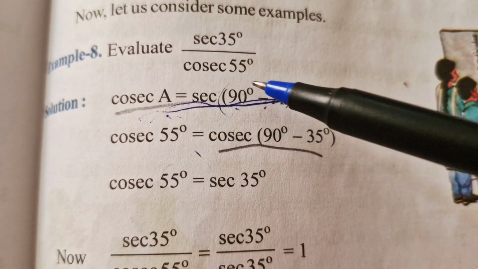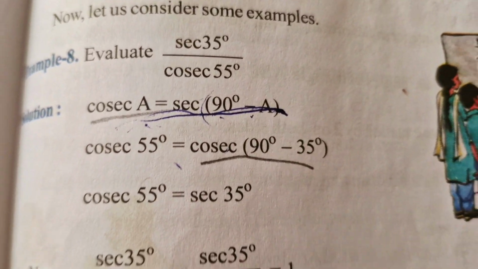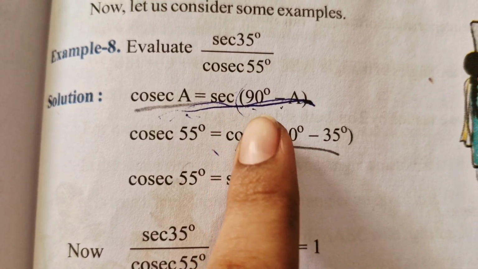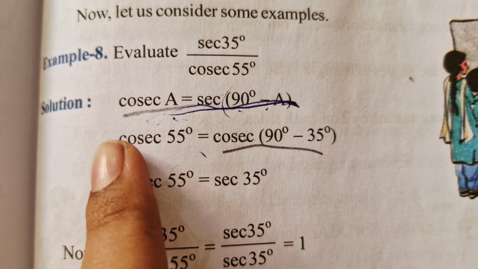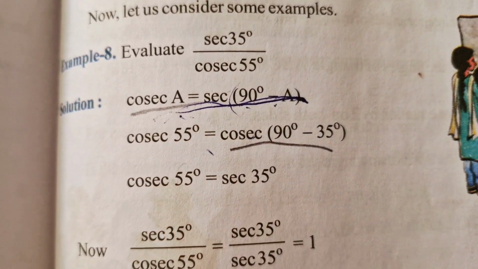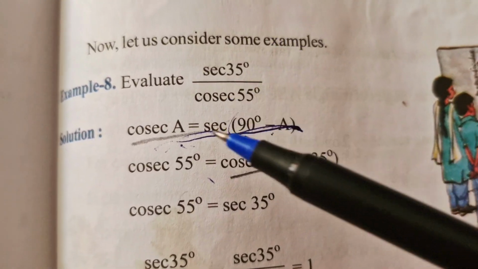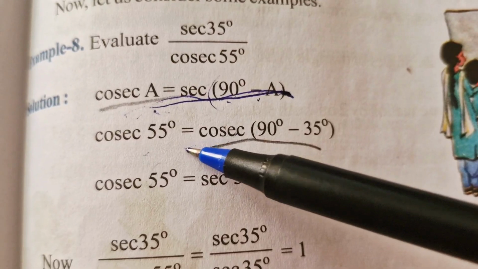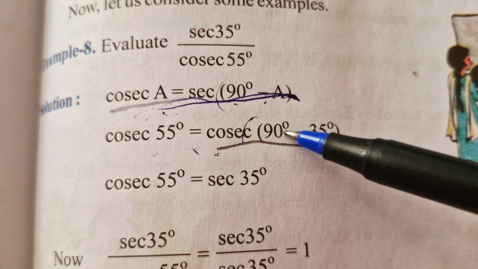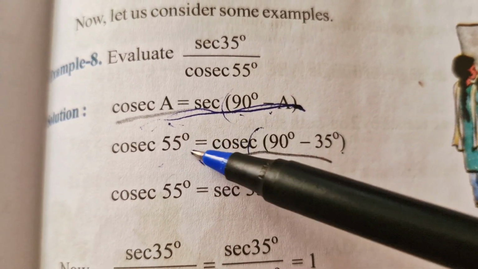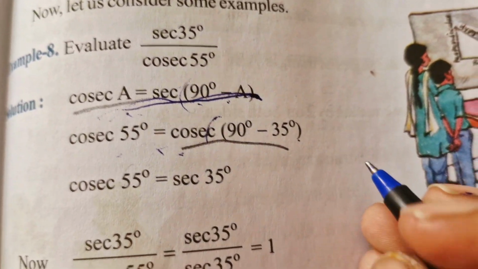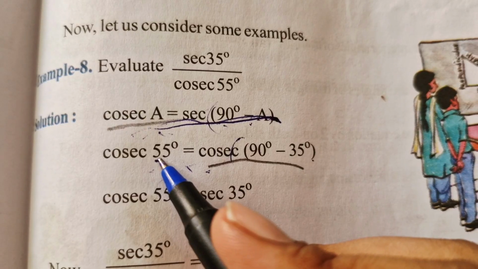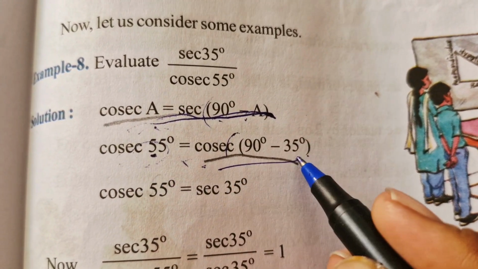See, cosecant A is equal to secant of 90 minus A. Over here, we can substitute this cosecant 55, which is A. Cosecant 55 is equal to cosecant of 90 minus 35. We can write it like this also. See, 90 minus 35 is 55.